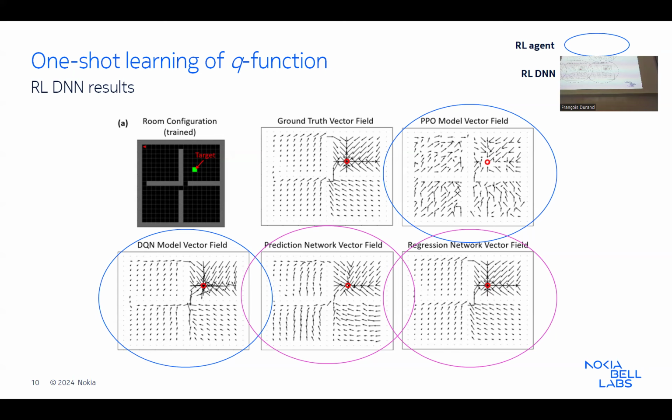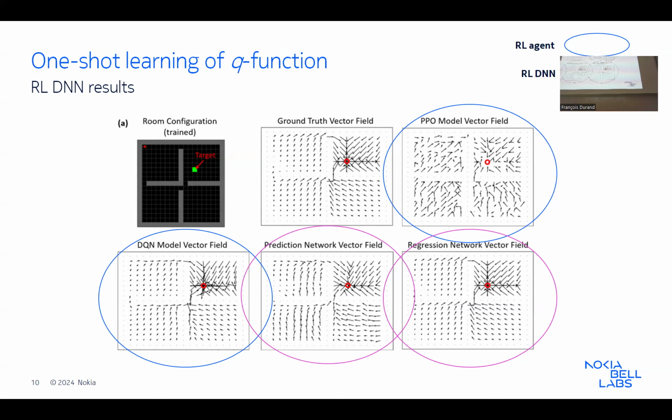But when you're near a door, then there's a clear right direction in which to go. So we have the top middle here, the ground truth vector field. This is what the agent should do to get to the target for this particular environment. So the state here is basically which point of the maze you're in and which direction you're pointing at.